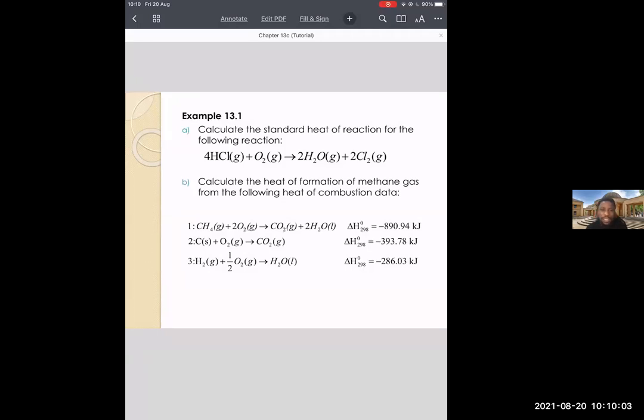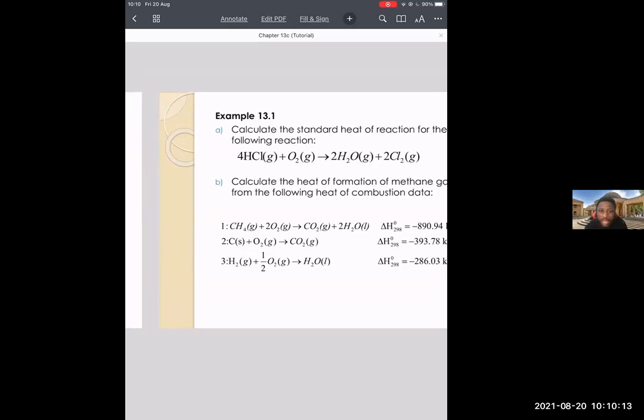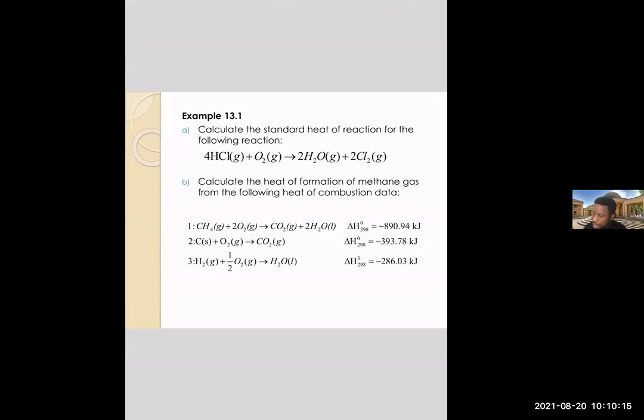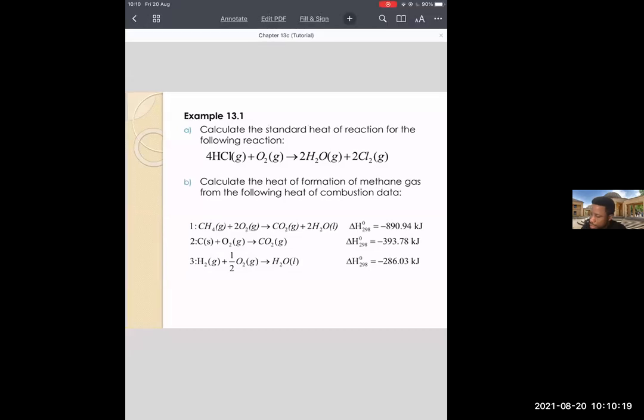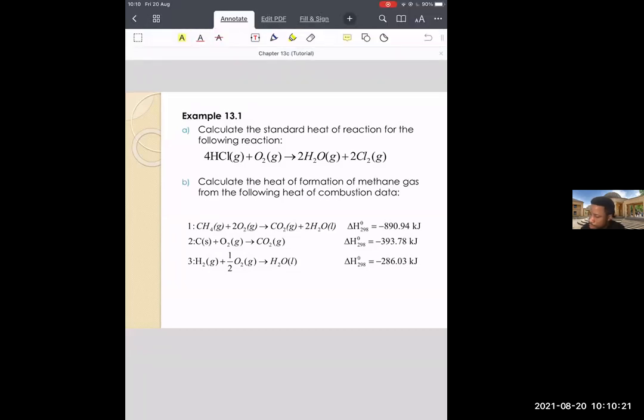Calculate the standard heat of reaction for the following process. If we look at this, we have compounds. HCl is a compound. We have water as a compound.